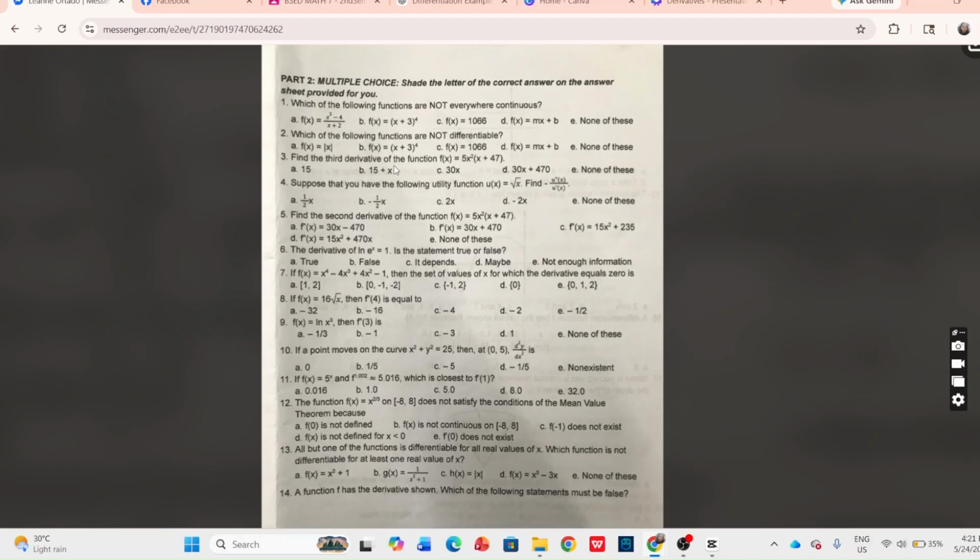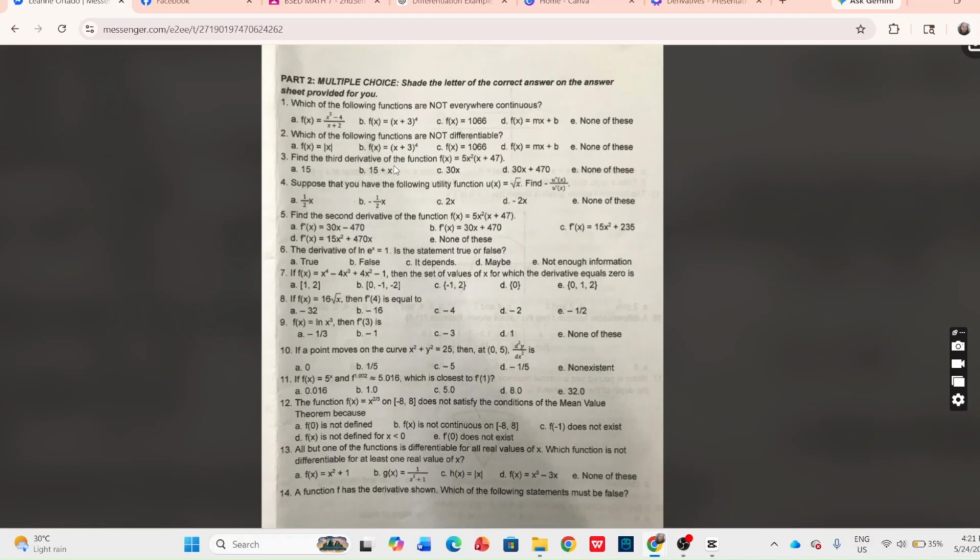Number three, find the third derivative of the function f of x equals 5x squared times x plus 47. We will get the derivative by applying the product rule, and thus our first derivative for this one is 15x squared plus 470x.